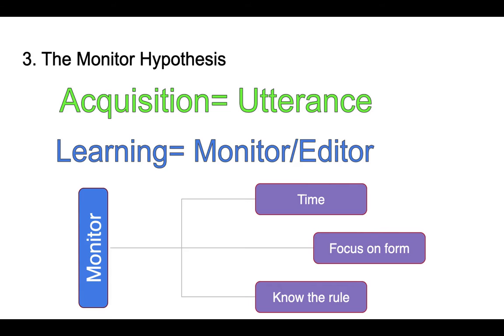Focus on form. Of course, for this, the learner needs to have some knowledge of the language in order for them to start structuring correctly as well. And finally, know the rule. If the learner knows grammatical rules, then they will also start arranging their sentences before they say them out loud, and therefore start using the correct usage of the language.